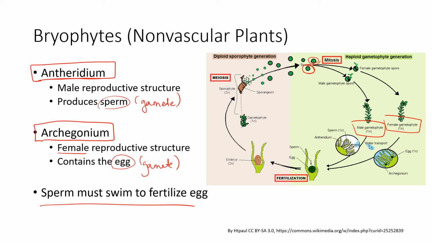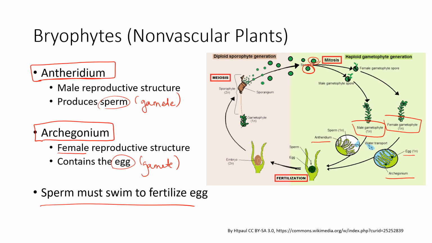Now, in these gametophytes, depending on if we're talking about the female or the male, they're going to produce the gamete. So in the female archegonium, we see the production of an egg, and in the male antheridium, we see production of the sperm. The sperm is going to swim.